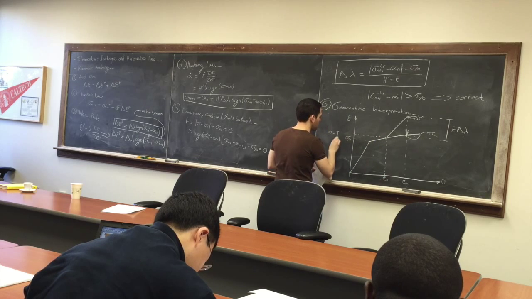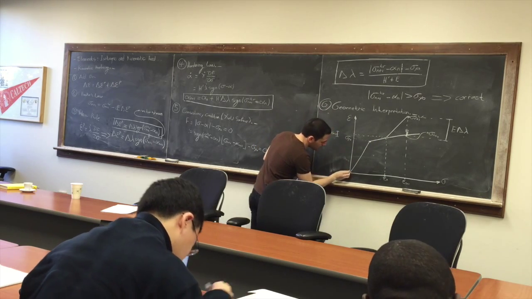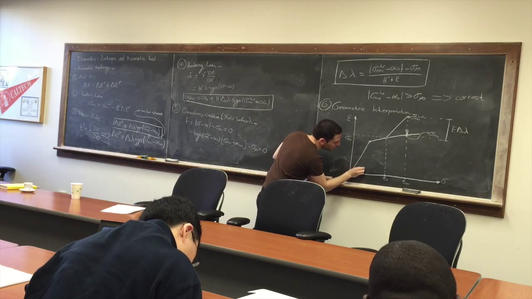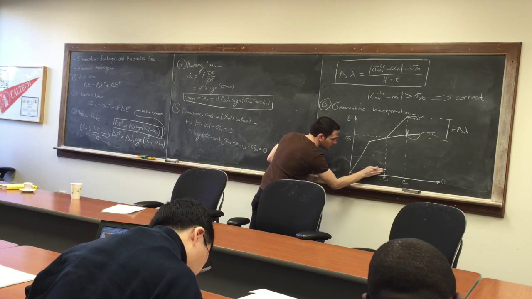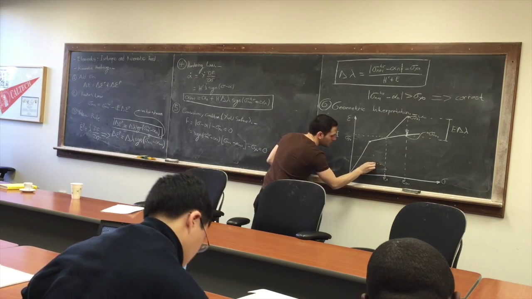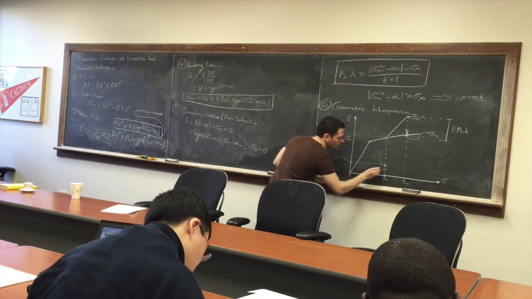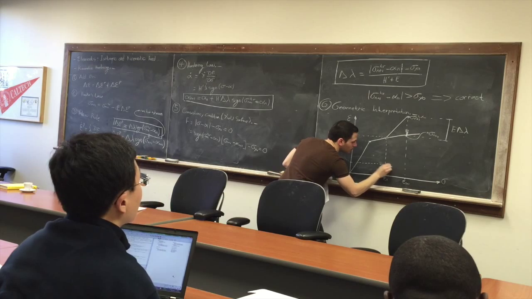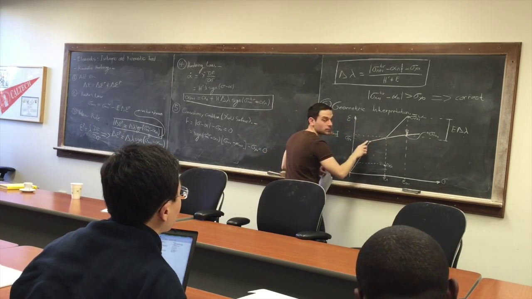Actually, this is alpha n plus 1. So here we have something that, let's exaggerate a little bit, alpha n, with the same slope as this one.